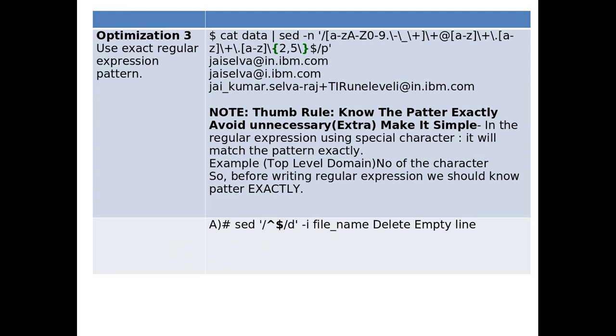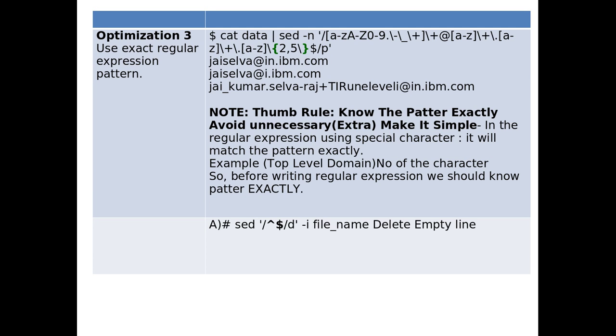In optimization 3, I have specified the flags .com. It is the TLD, the top level domain name. It will come with 2 to 5 characters. I have specified that with the green mark color. That is also specified, and the username can come along with a special character and also the plus symbol.